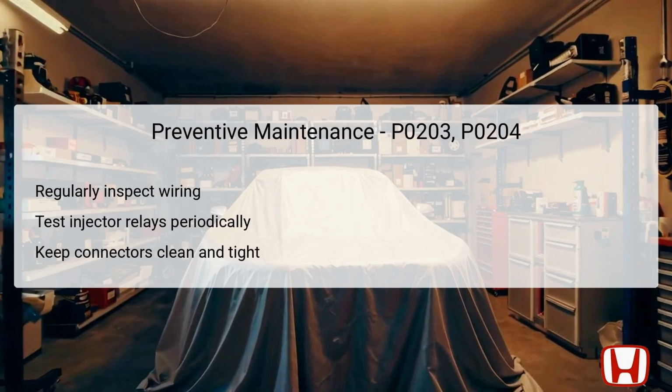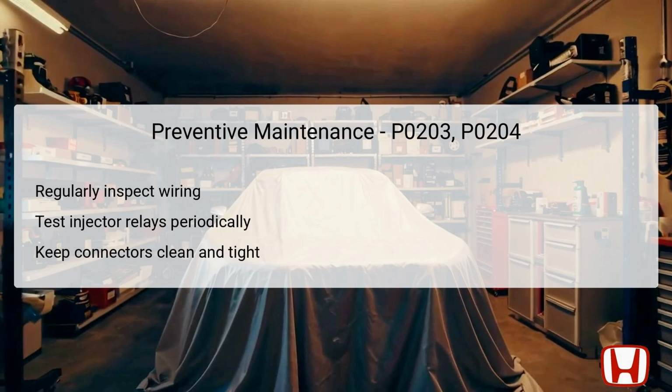Testing the injector relays periodically ensures that they are functioning correctly and can control the injectors as needed. Furthermore, maintaining clean and secure connections at the injector and ECU, electronic control unit, helps ensure that proper signals are transmitted without interruption. Keeping these components in good condition helps prevent future electrical failures that could lead to performance issues or engine malfunctions.